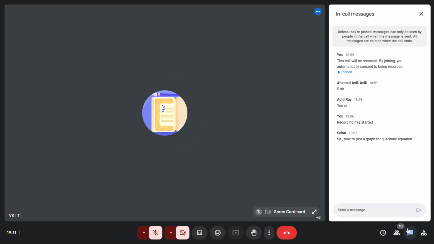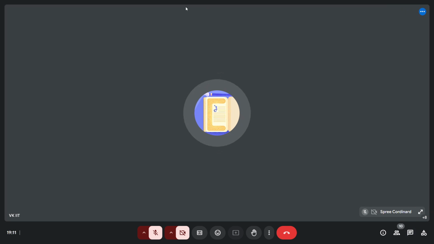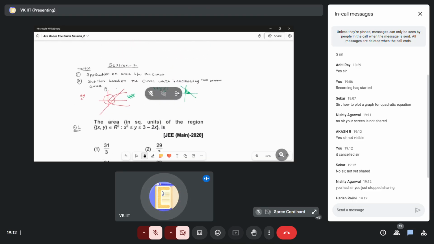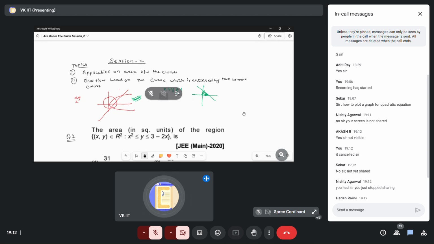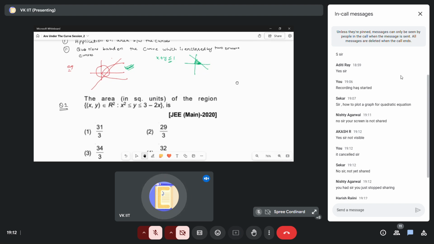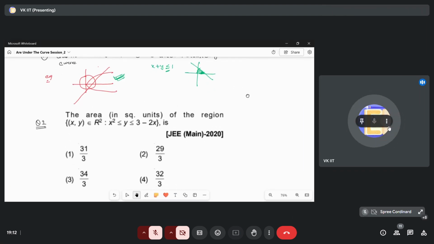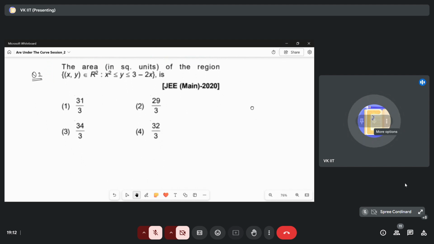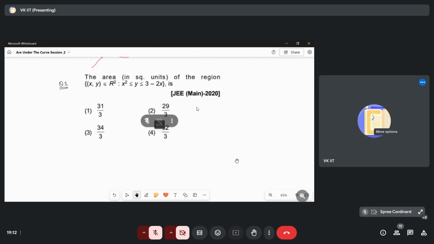Okay. Sir, how to plot a graph quadratic? Achha, this part I already covered. These are the topics that we will be covering today: application on area between the curves and questions based on the curve which is enclosed by two or more curves. Okay. Example I gave you already. Now we have the first question. So try this quickly.